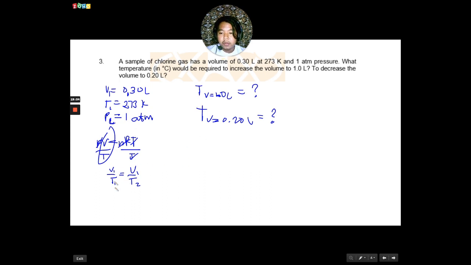Then I'll manipulate it first to get the final temperature. So multiply both sides by T1 and T2, the multiplicative inverse.